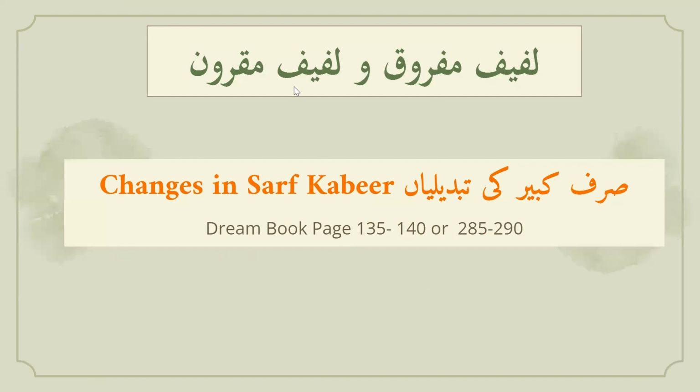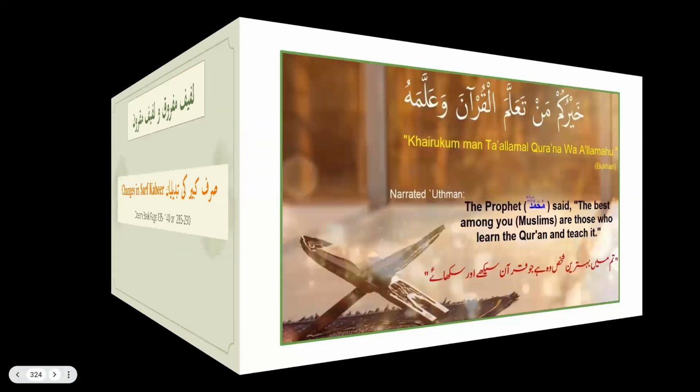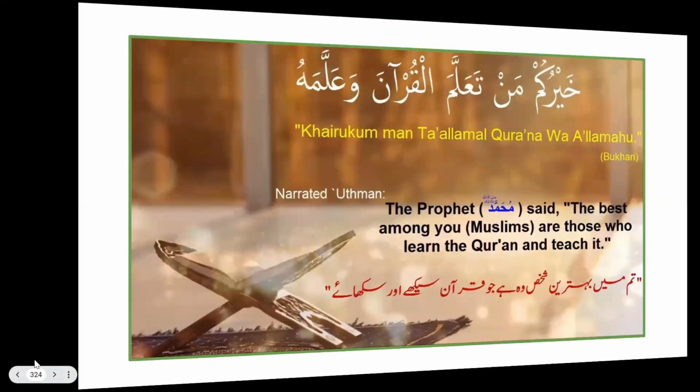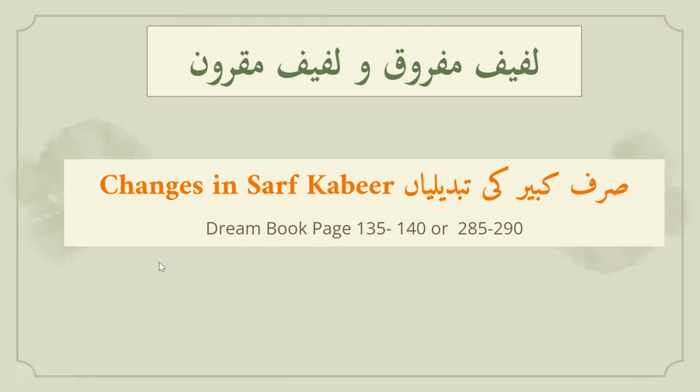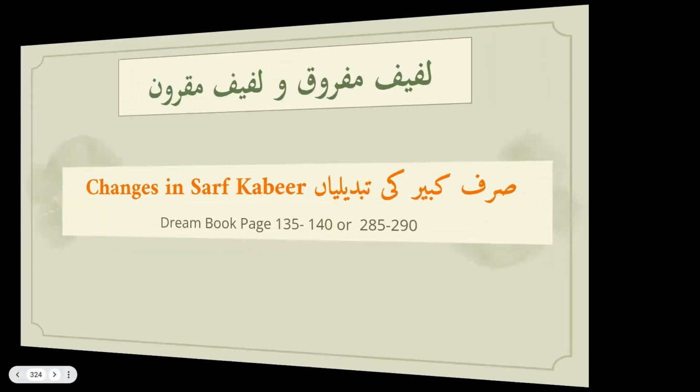And then you can practice the Sarf Kabir of these Lafif words from the Dream textbook, which is on page 285 to 290. If you are looking at the whole book, it is from page 285 to 290. And if you have only the Sarf section, then the page number is 135. Okay. If you have any question, you can ask me in the live session, and inshallah we are going to practice this Sarf Kabir in our live session.